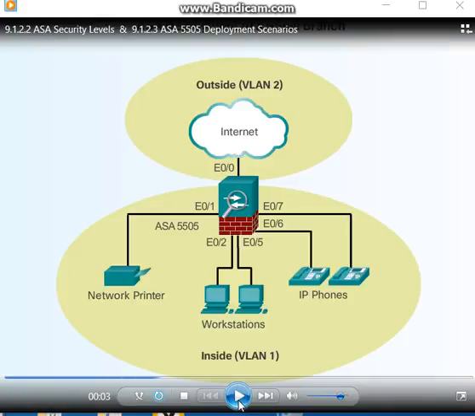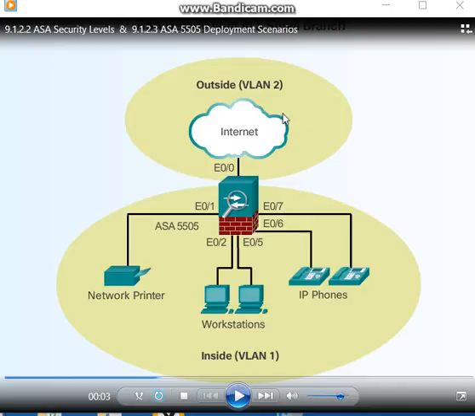In these pictures, this picture is a small branch office deployment. A common deployment would include an inside network, which is VLAN 1, with a security level of 100, and an outside network, VLAN 2, with a security level of 0.